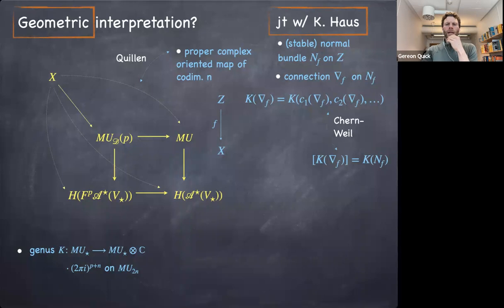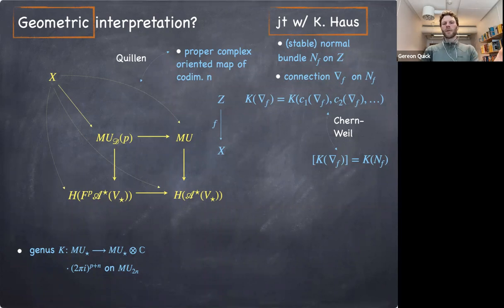So now this K of nabla F. Since N_F, the normal bundle, lives on Z, the connection also lives in forms on Z. But we would like to have something that lives on X, right? If we want some kind of description that is associated to X, well, what could we do?